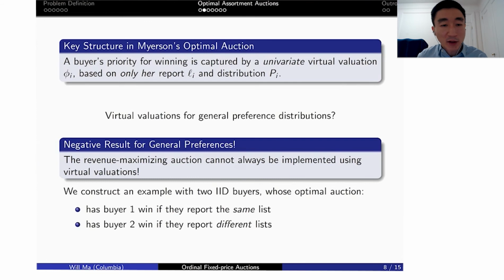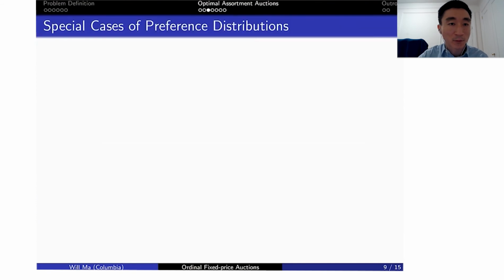So an optimal mechanism of this type cannot be captured using virtual valuations. So even structurally, when we generalize from the valuation distributions to list distributions, even under a single winner auction, the optimal mechanism might not be captured by virtual valuations.